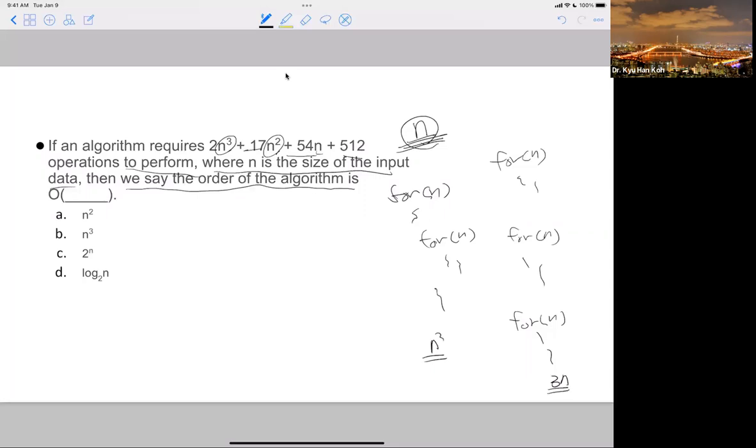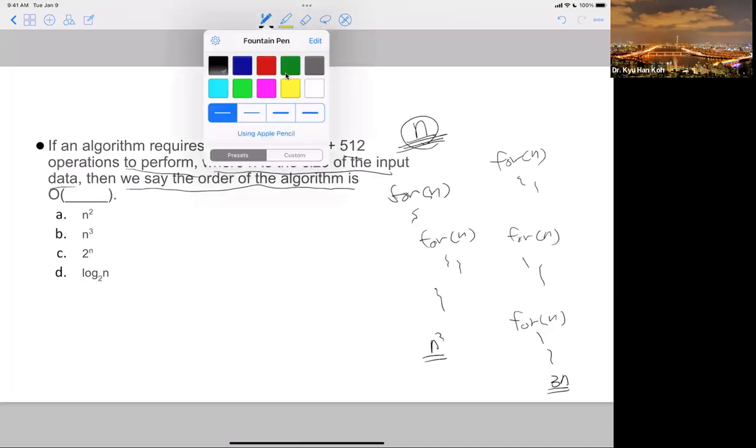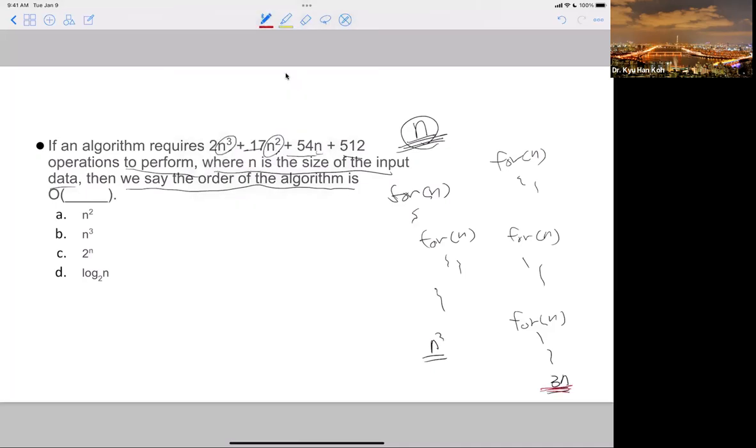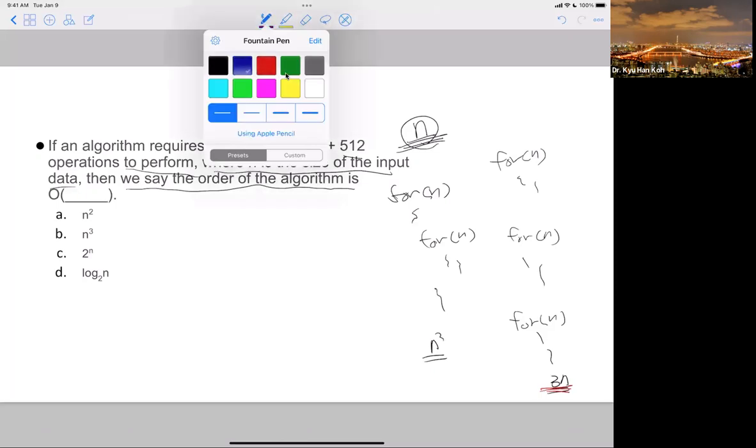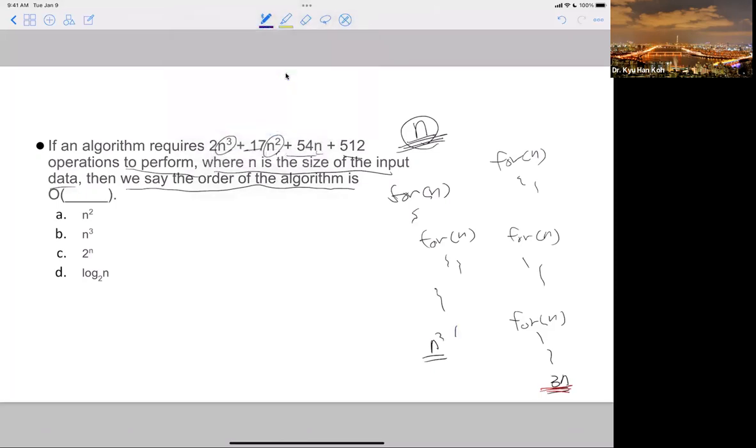Oh, then this one is a bad algorithm, you might think, right? Because when n is 1, that is 1, also that is 3, and when n is 2, that is 4, and that is 6, right? And now n is 9, and that is 9.